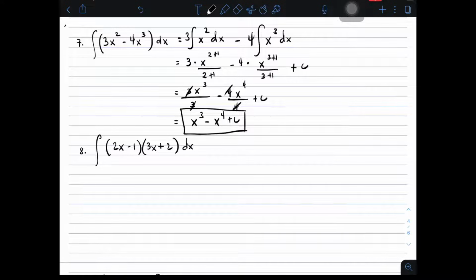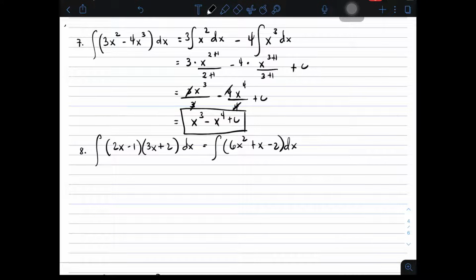For item number 8, meron tayong dalawang binomial na kung saan pwede nyo namang i-multiply and you can use FOIL method para makuha natin yung final answer. So, kapag ginamit nyo yung FOIL method, makukuha nyo diyan, we can write this expression as 6x squared plus x minus 2 dx.